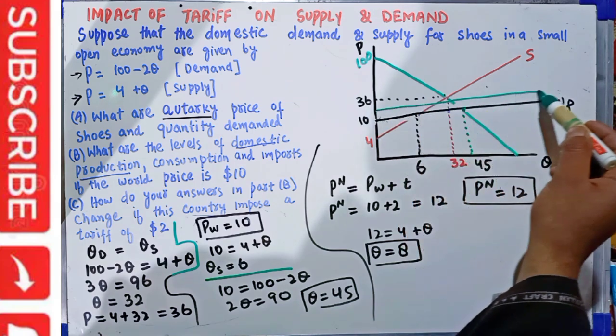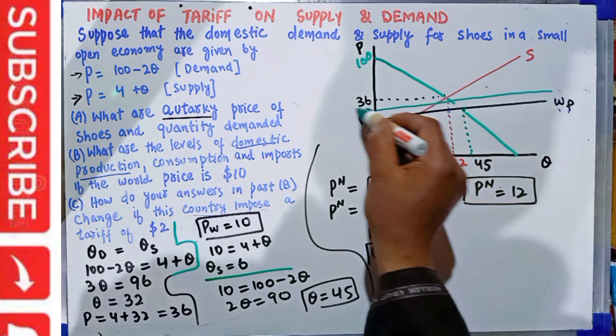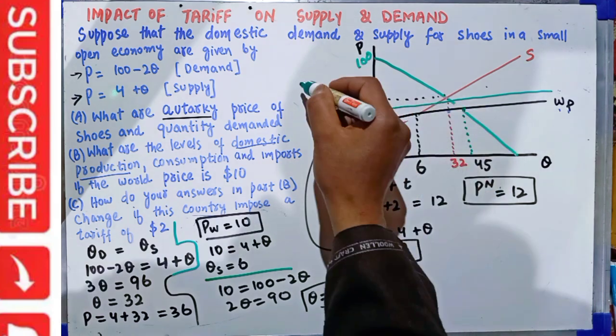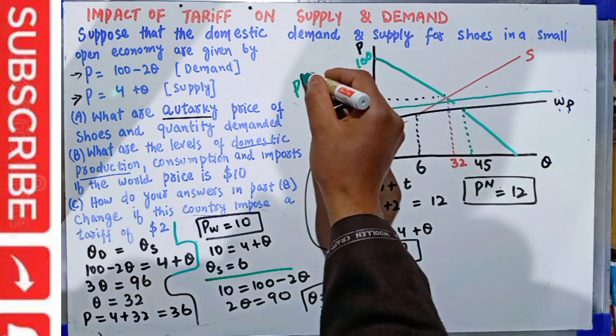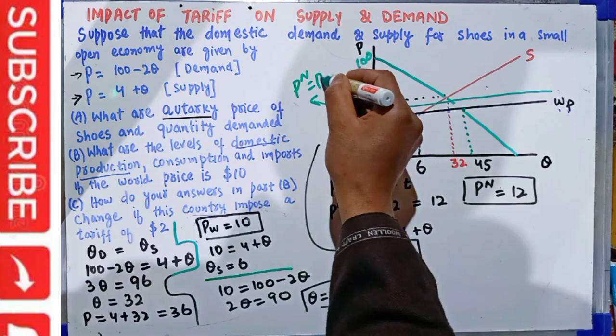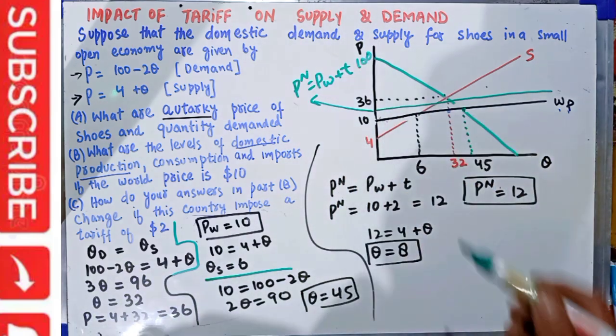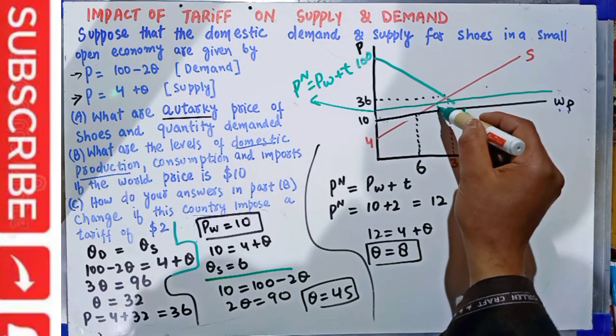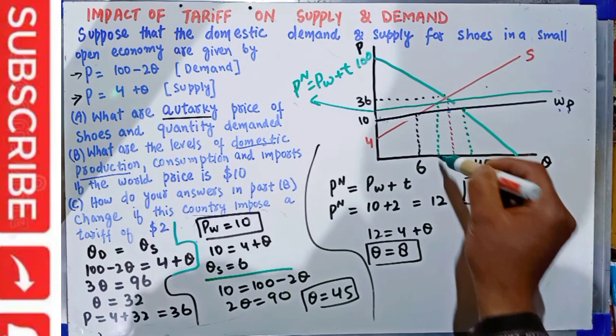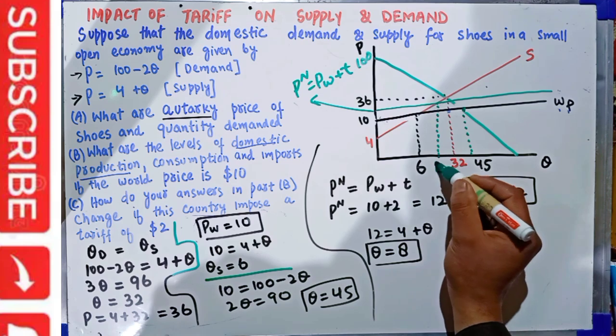So this point denotes our new price Pn, which is equal to Pw plus T. So quantity supplied is 8 units.